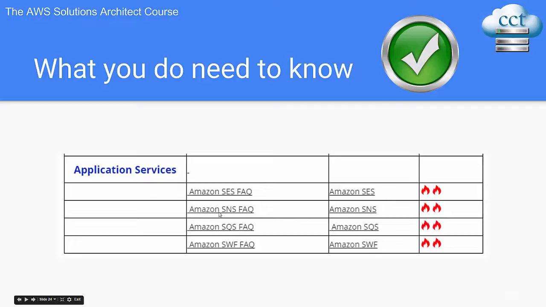I think I might have included SNS again in an application service when it's really a mobile service, but we will sort that out later on. The important thing is we'll go through these briefly. They're not super duper important, however occasionally you'll see a question pop up on one, two, three of these maybe, and it's very important to understand the differences between them all.